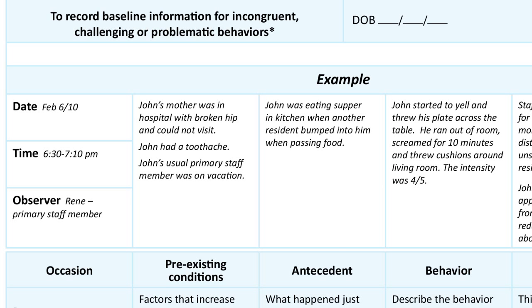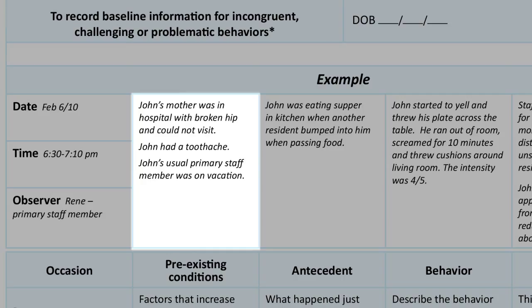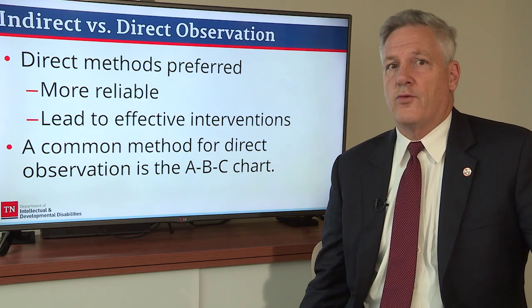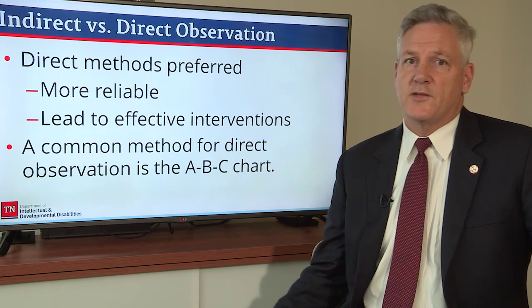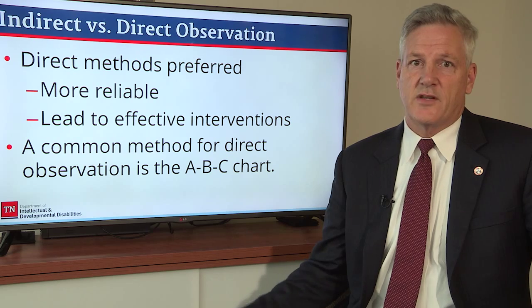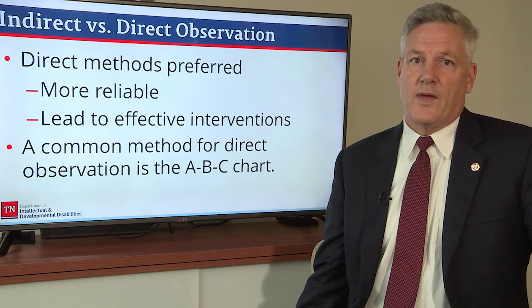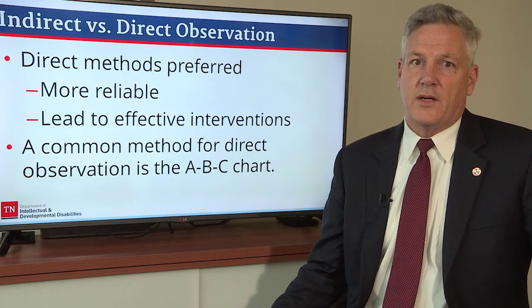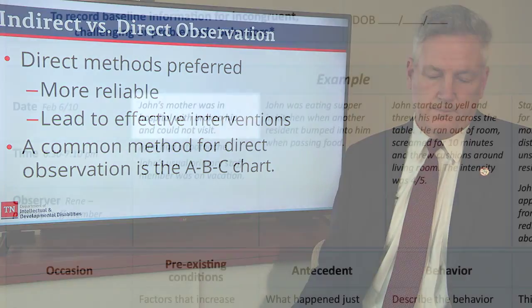Some of the pre-existing conditions that led to this incident for John included that John's mother was in the hospital with a broken hip, could not visit him. This is a common pre-existing condition for problems that people may experience because they've had less contact with their family, they miss their families, and so that kind of sets the occasion for them to be emotionally dysregulated.